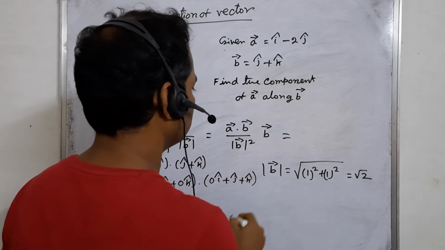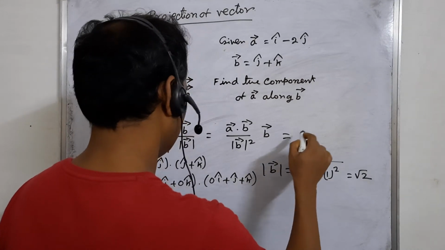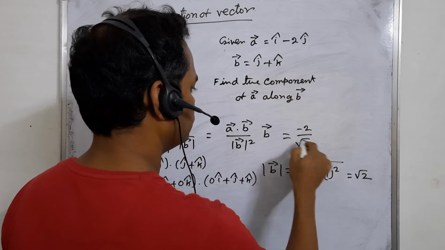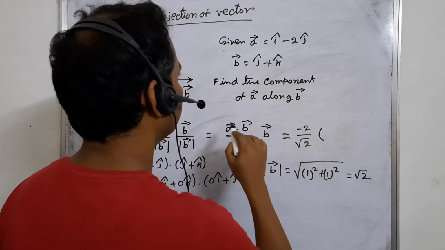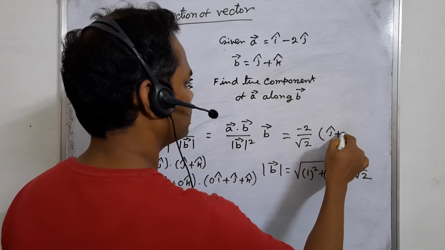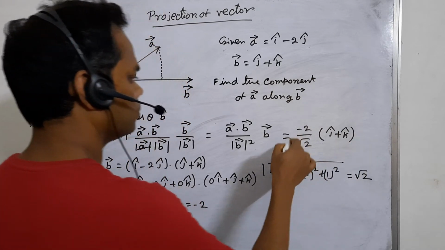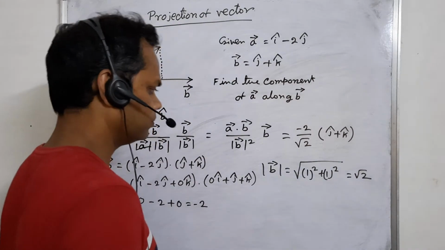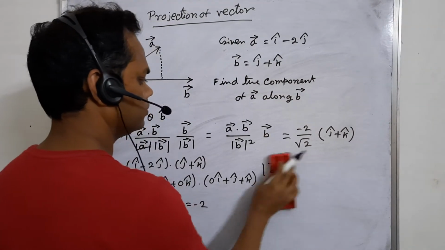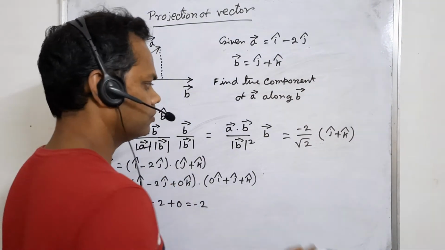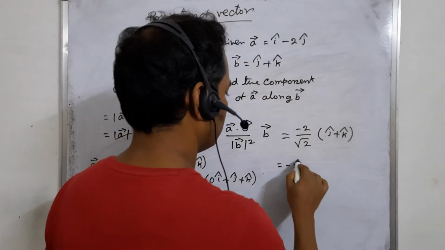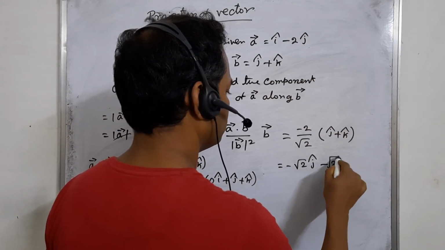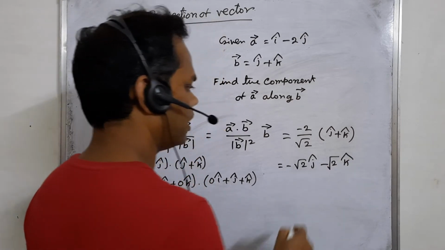So the projection of a upon b is minus 2 by root 2 times b vector. B vector is j plus k. So root 2 cancels. So the final answer is minus root 2 j cap minus root 2 k cap.